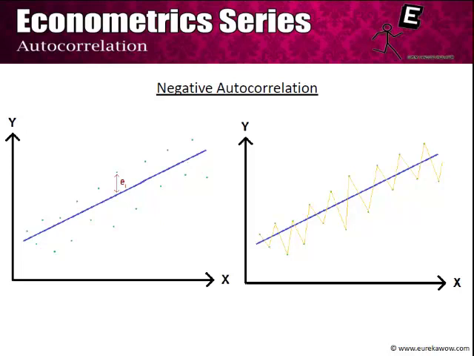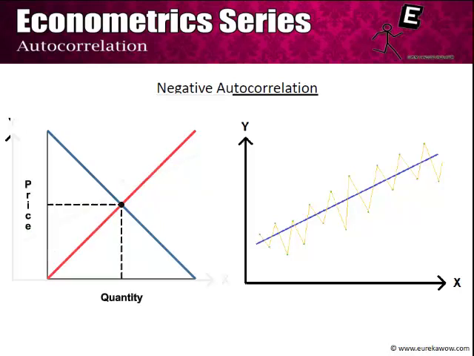Note that negative autocorrelation is not very frequently observed. But if we need to take an example, we could consider excess supply on the y-axis and time on the x-axis. We see that excess supply typically follows a cyclic behavior near the equilibrium point, and hence we would typically tend to see negative autocorrelation.